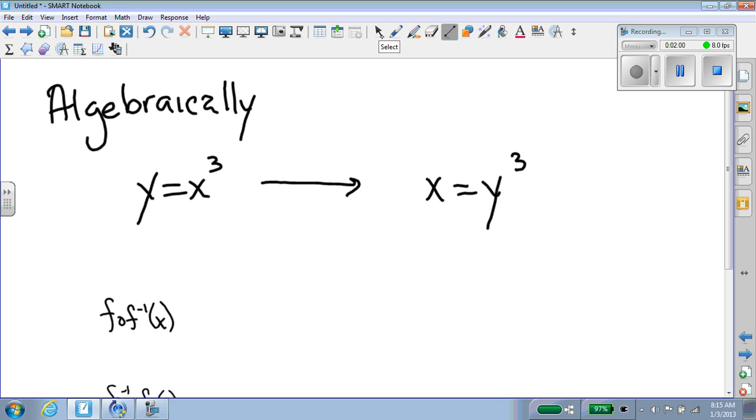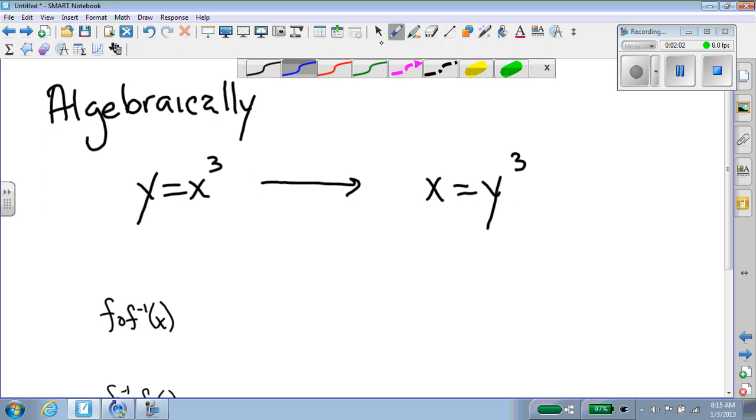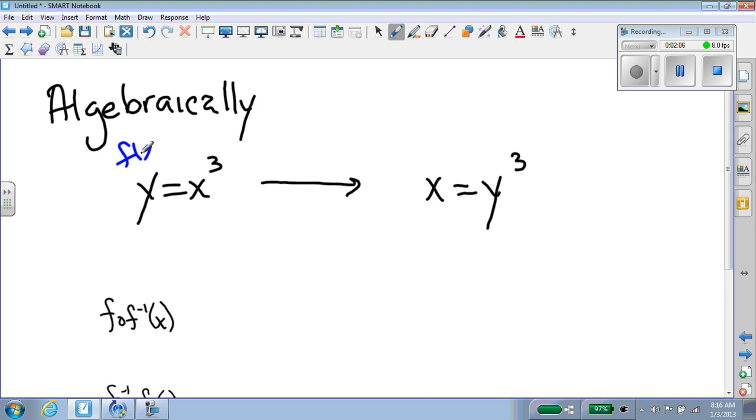Okay, algebraically, what happens? Well, instead of writing this as f of x equals x cubed, I write it as y equals x cubed. Then I just switch x and y. So the inverse would be x equals y cubed.